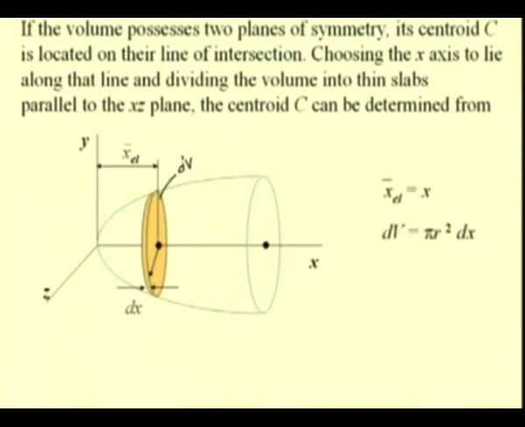So, we have the volume as pi r square dx, and now we can integrate this integral x element dV to find the first moment of the volume, and from this we get this x bar, or the location of the centroid along the x axis.